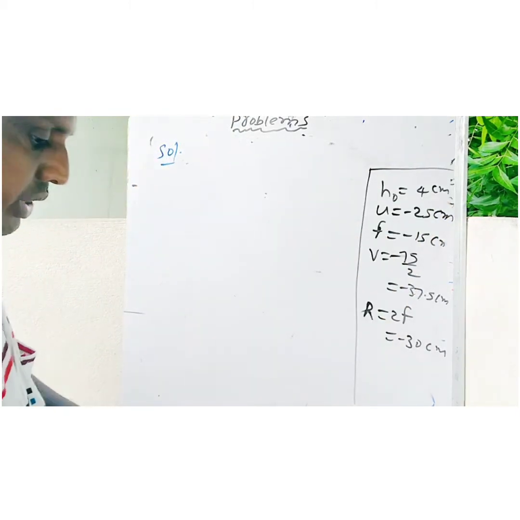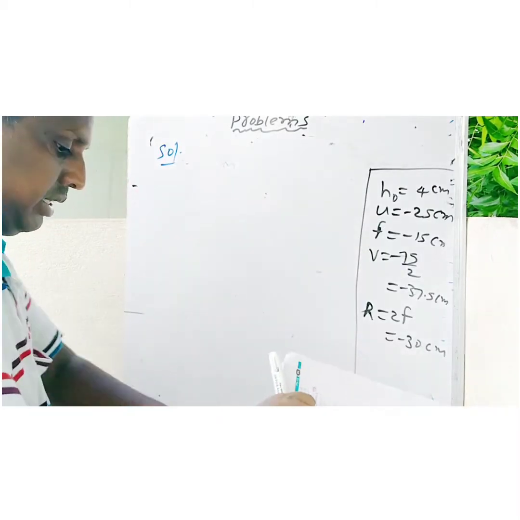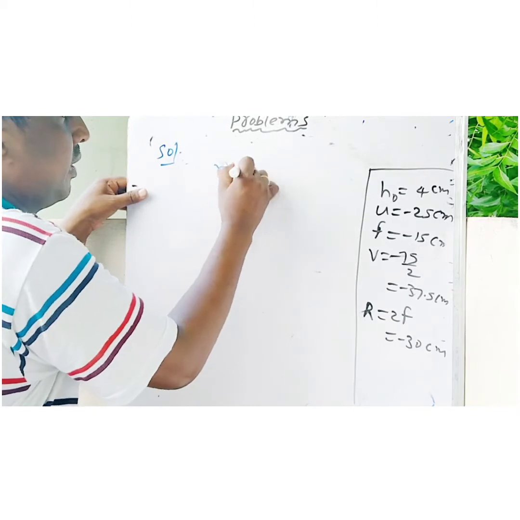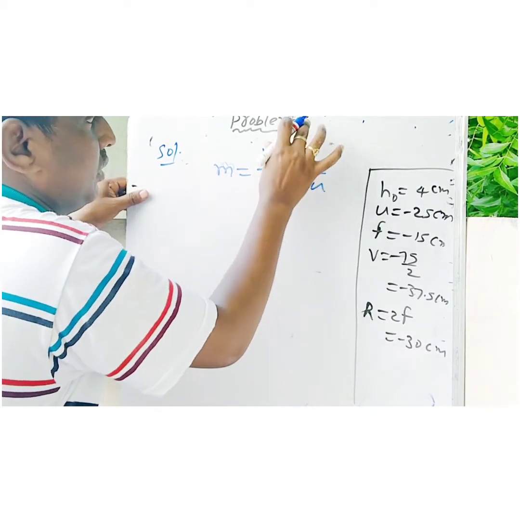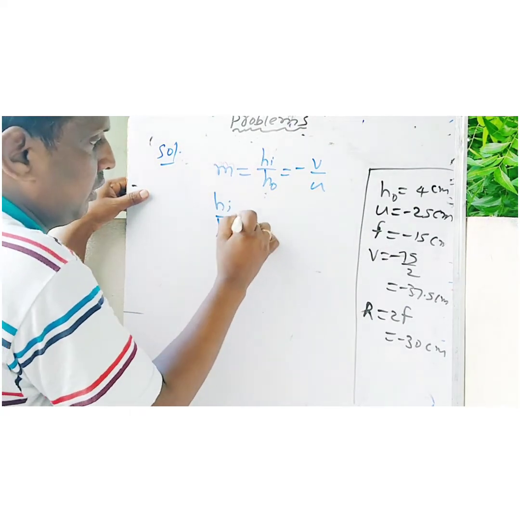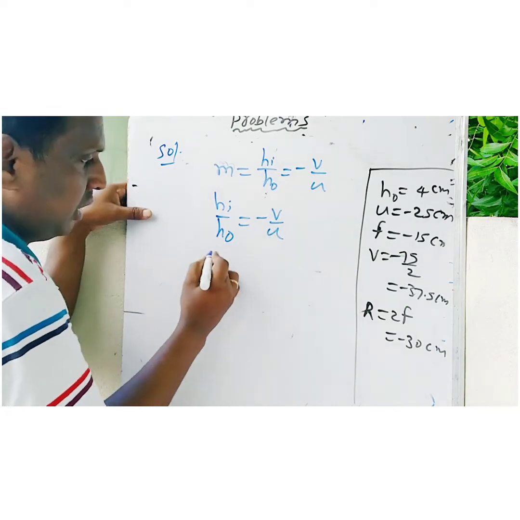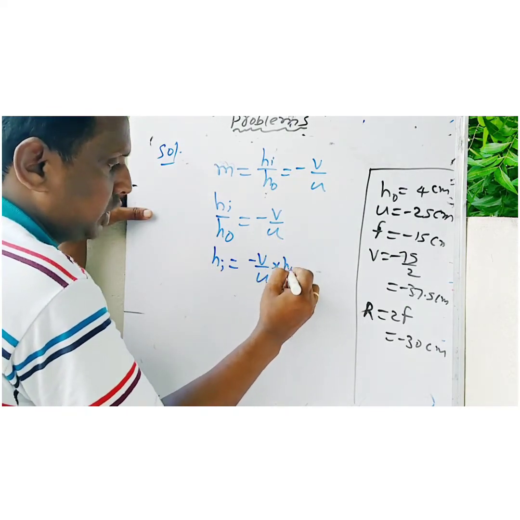Now we want magnification. M equal what here? Magnification formula: M equal to HI by HO equal to minus V by U. Clear? So we can take HI by HO equal to minus V by U. So HI equal to what here? Minus V by U into HO.